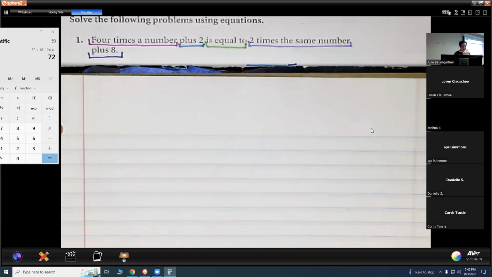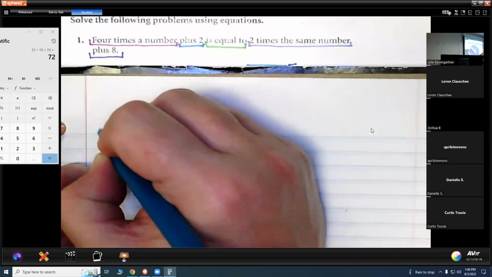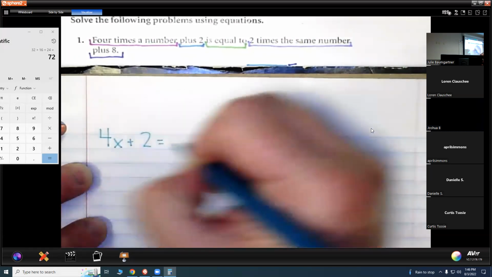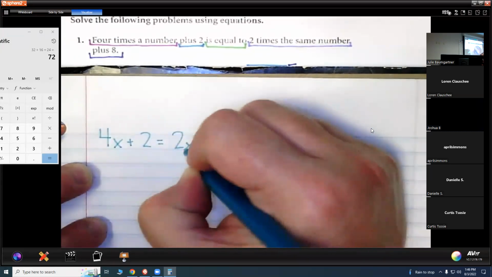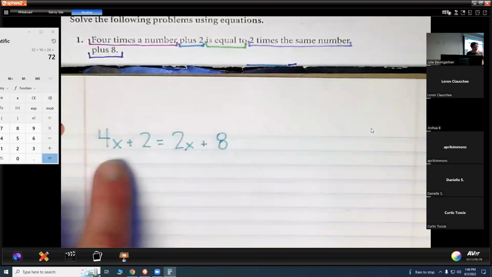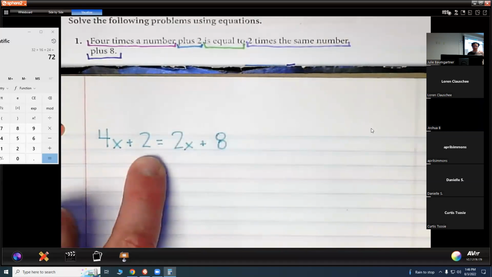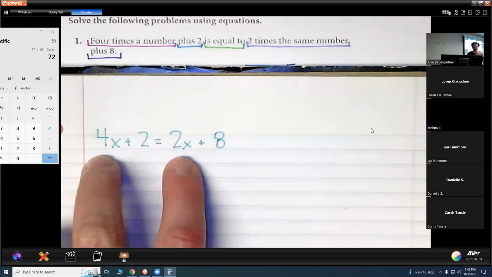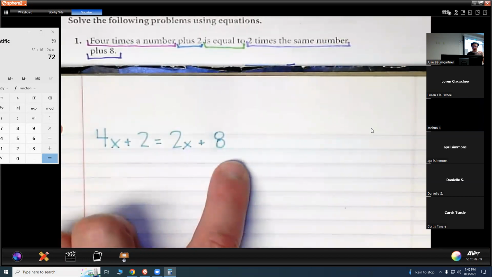Okay, let's go over these. Number 1: 4 times the number plus 2 is equal to 2 times the same number plus 8. I'm just going to use an x. So 4x plus 2 equals 2x plus 8.